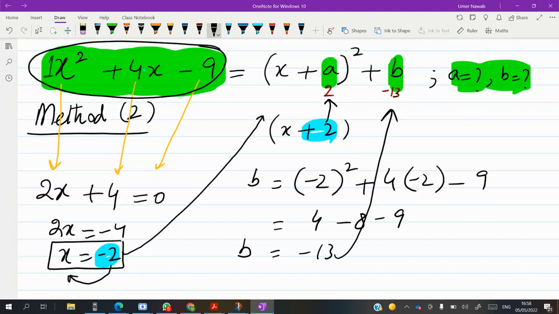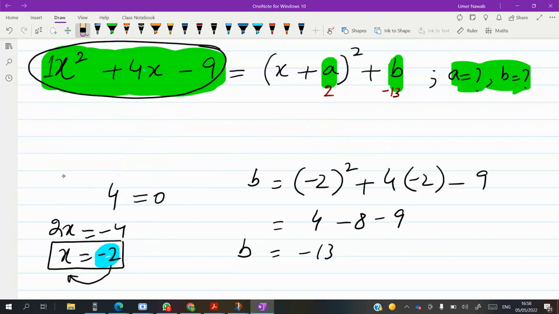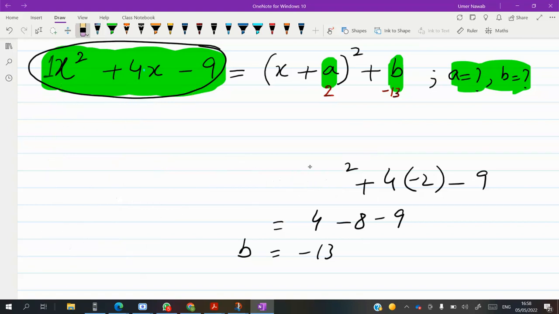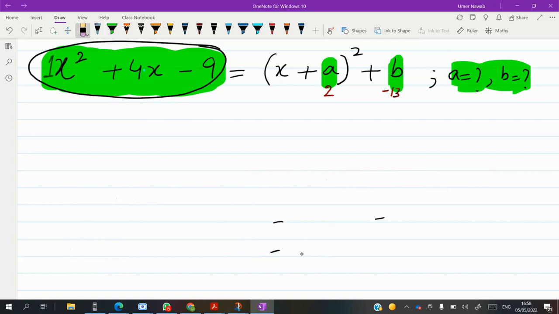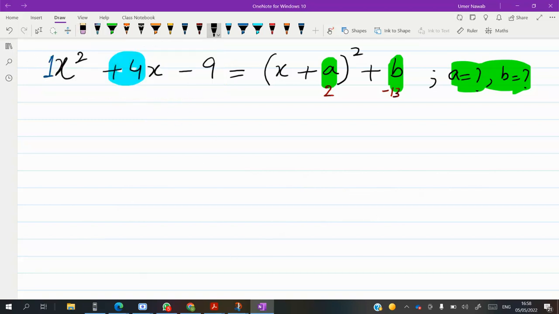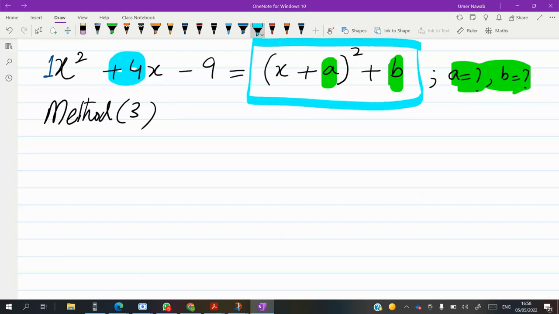Okay, guys. In method number 3, we can expand the right hand side rather than doing something with the standard quadratic.